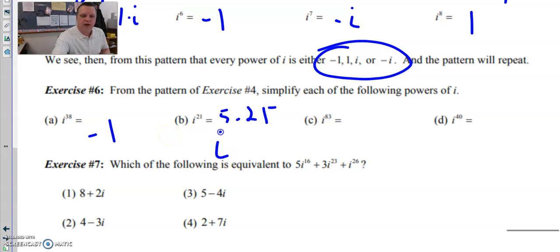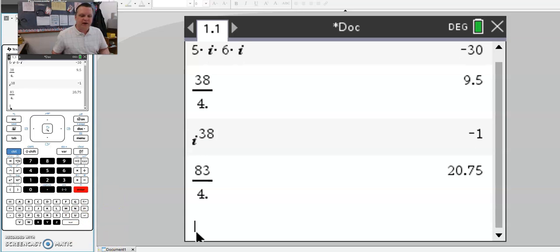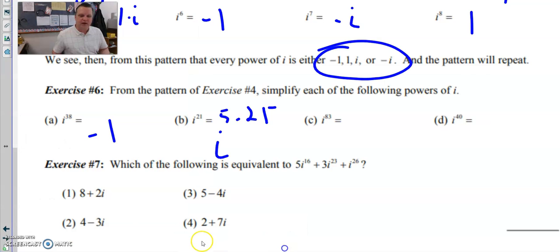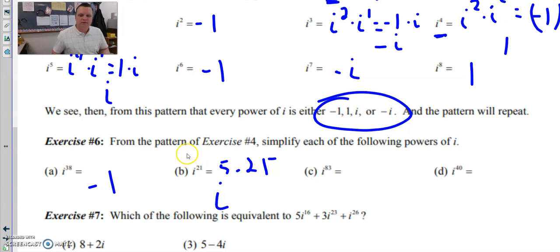So there's your I. 83, oh my gosh, it's too big of a number for some of us to do. So we have 83 divided by 4 as a decimal, and you get 0.75. Our 0.75 is -I. So there is -I.